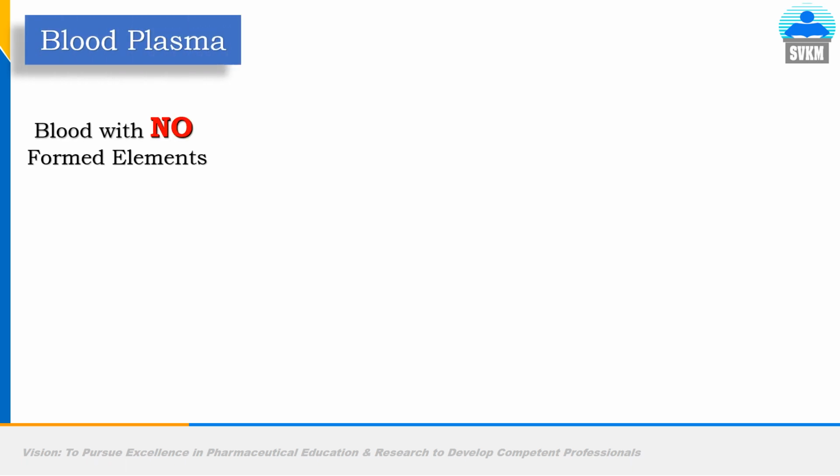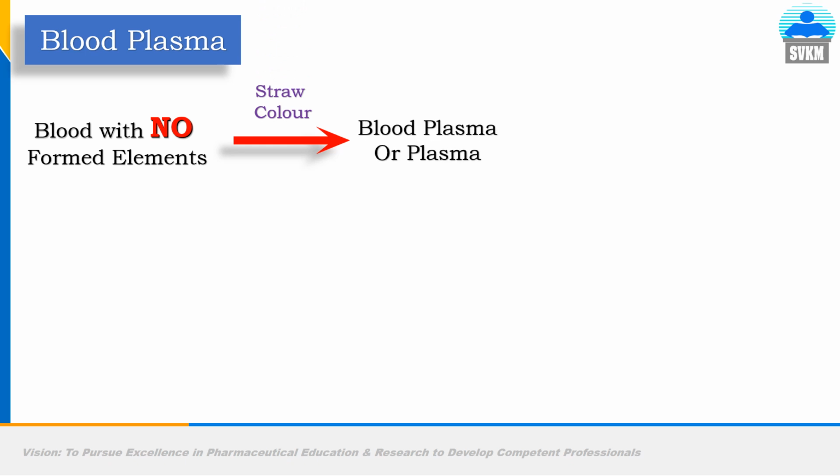Now the blood plasma. If you remove the formed elements from the blood, what remains is a straw-colored liquid, and that liquid is called the blood plasma, or simply plasma.